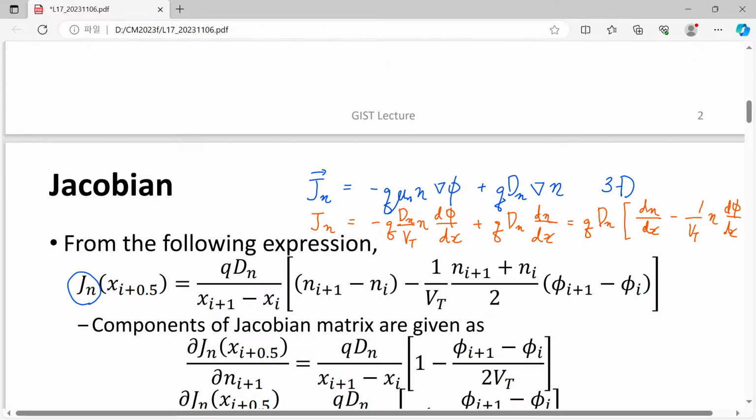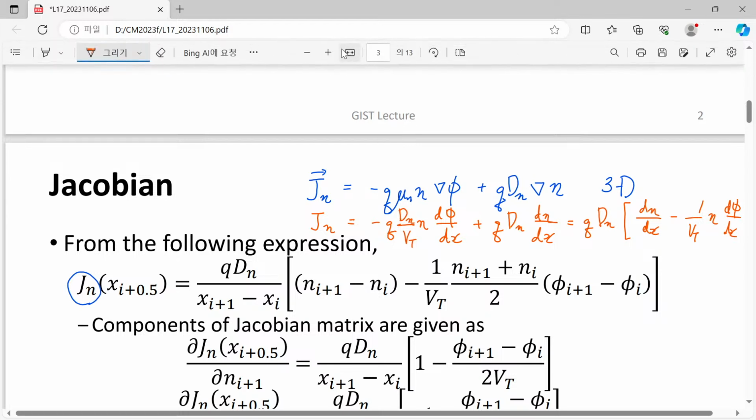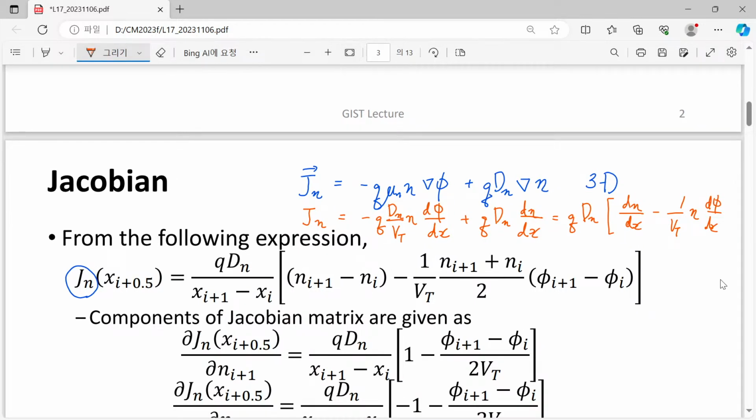Everything seems quite straightforward, and now we will introduce a linear approximation for these first derivative terms.